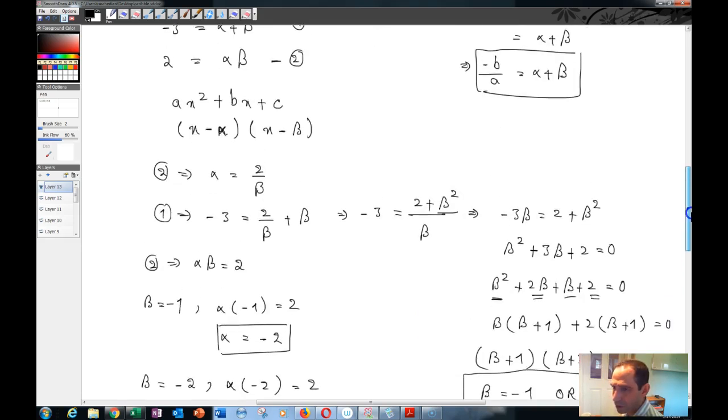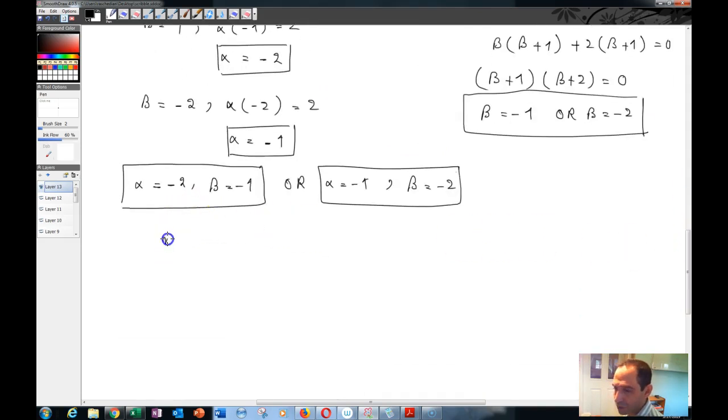Now up here we said that basically our polynomial was x minus alpha times x minus beta. Okay, so what that means is that I can use these two cases to come up with two polynomials.